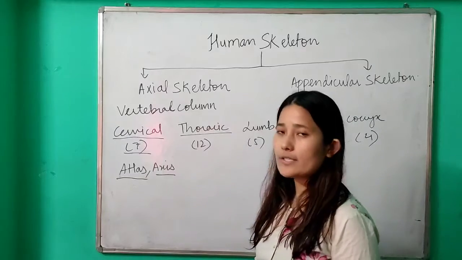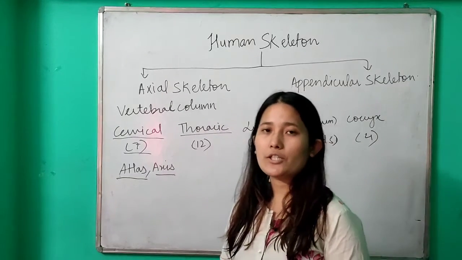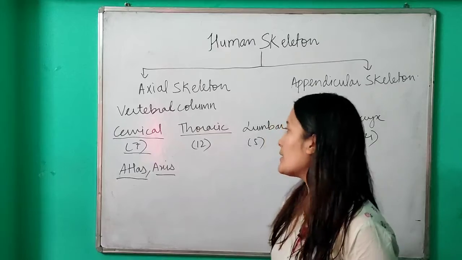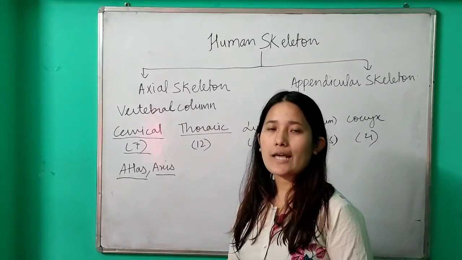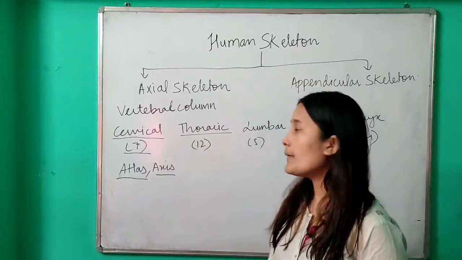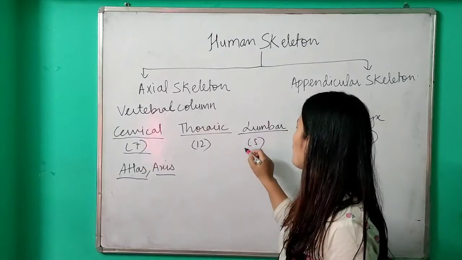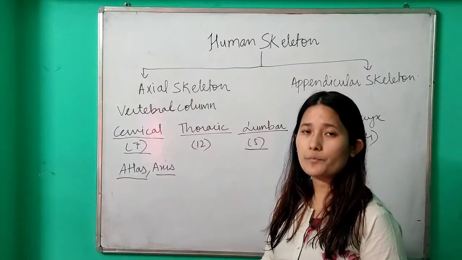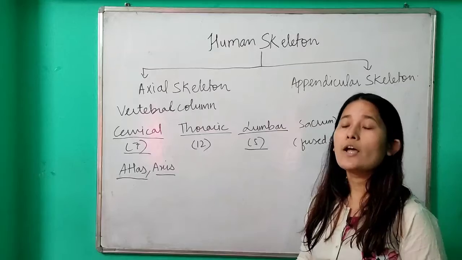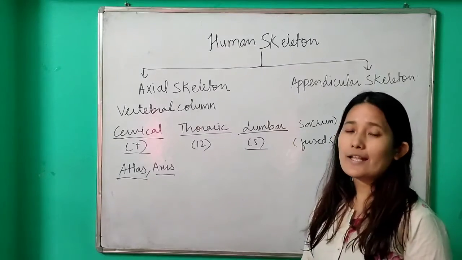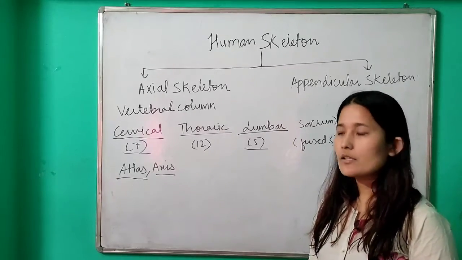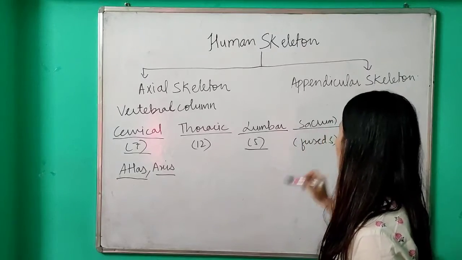Then you have thoracic. This is present in the thoracic cavity, and this vertebral column is attached to the ribs. Okay, then you have lumbar. 5 bones make up the lumbar region, and this helps in attachment of the back muscles. Then next is your sacrum.